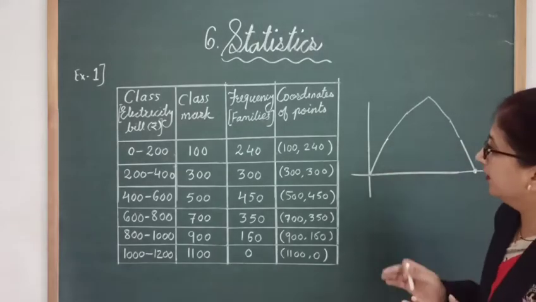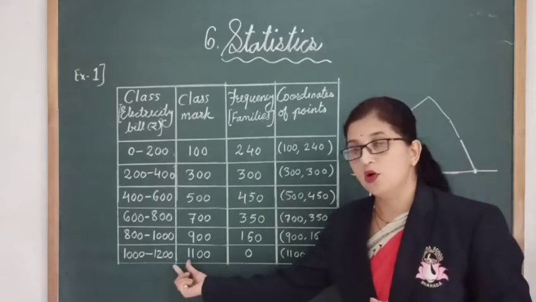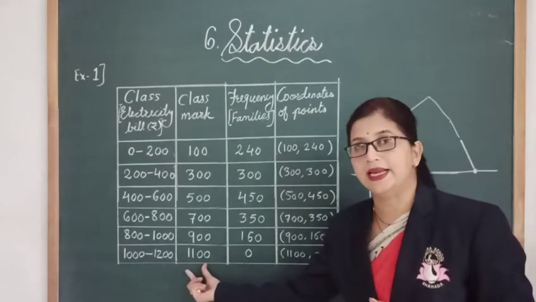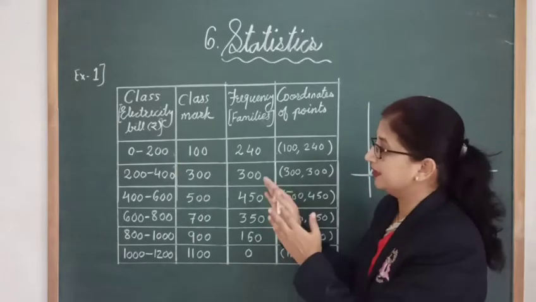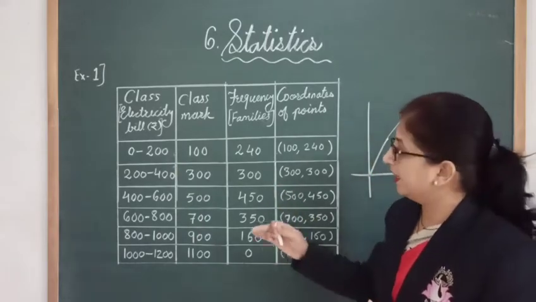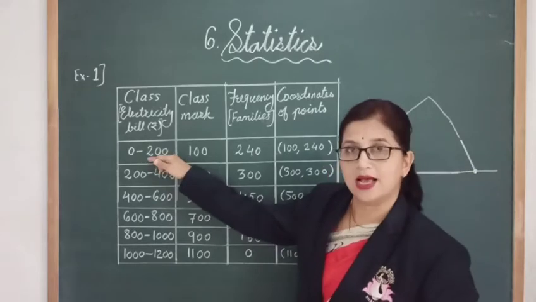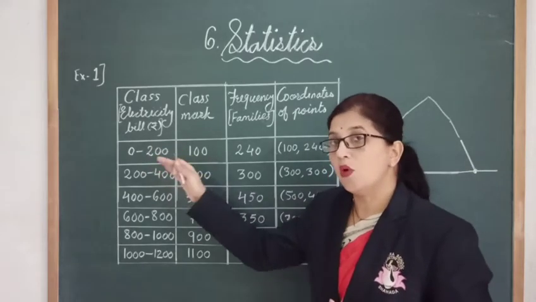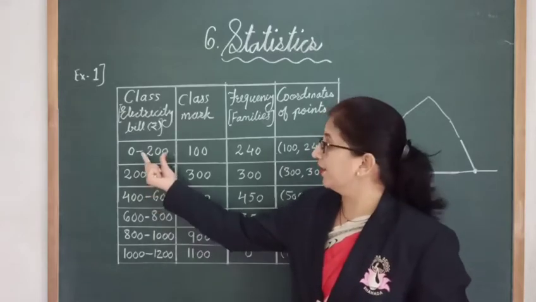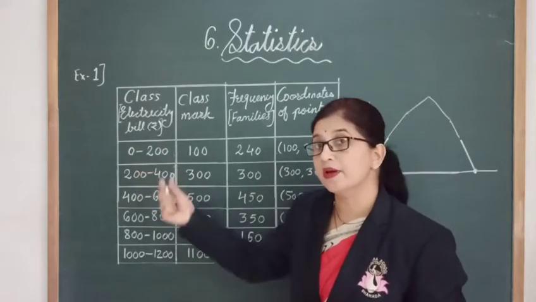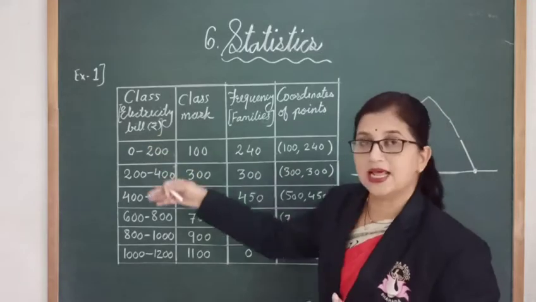Okay, but now the doubt is that I have written only one extra class at the end but not in the starting. Why is it so? It is only in this case, because if we take the extra class here in the starting, what will that be? Here there is a difference of 200. So keeping the difference of 200, what will our previous class be?